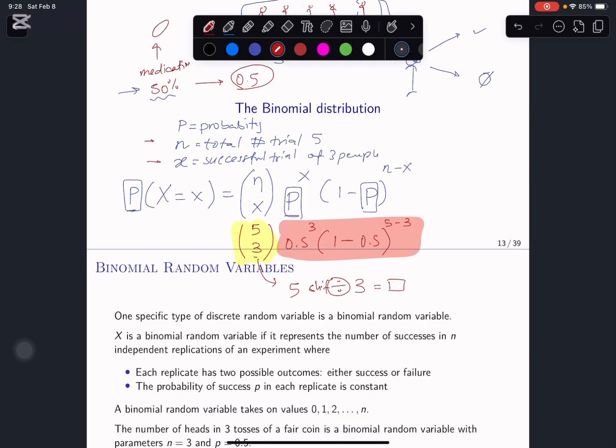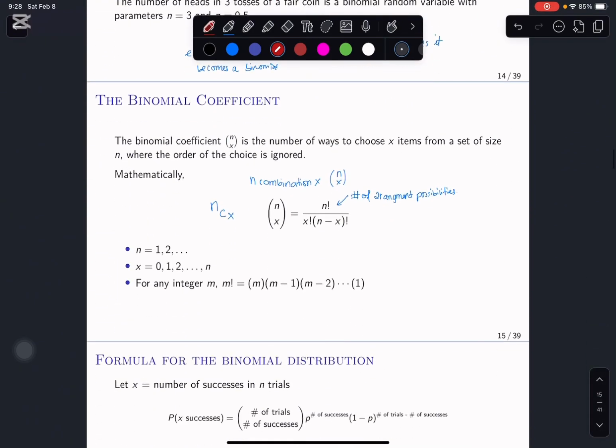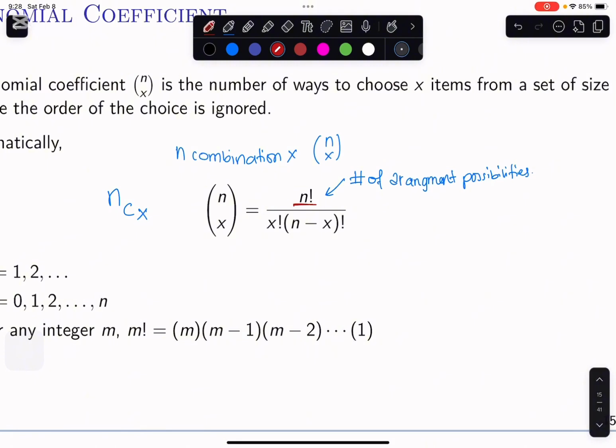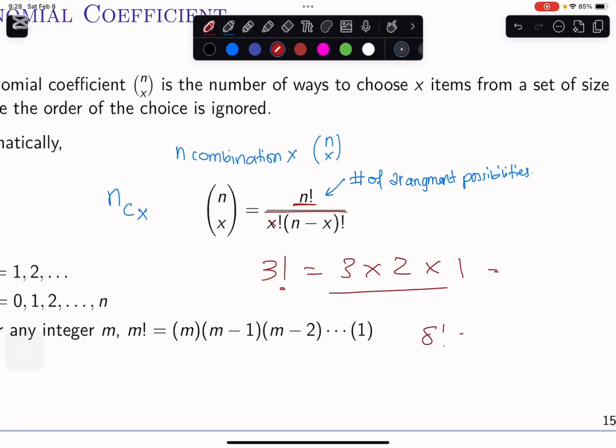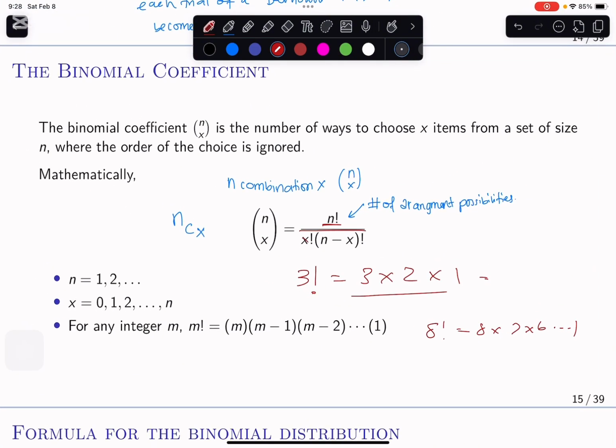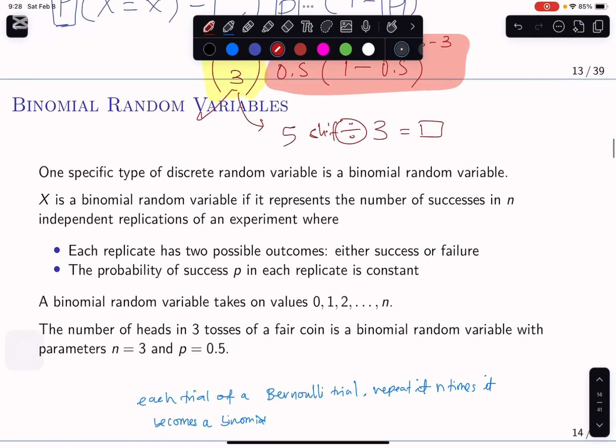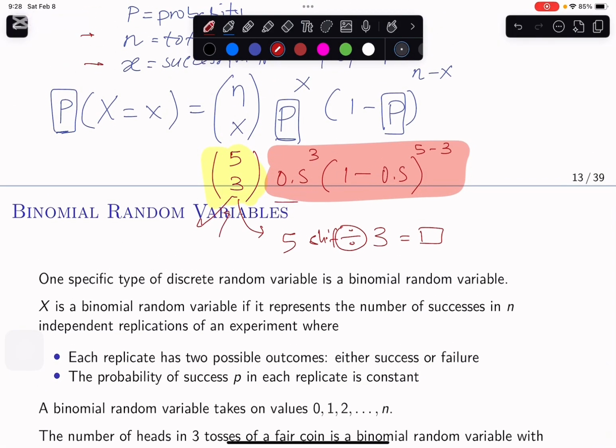Or you can do this by hand, through the equation, which is n factorial over x factorial times (n minus x) factorial. n factorial means, for example, 3 factorial is 3 times 2 times 1, and you get the answer. Same thing for 8 factorial: it's 8 times 7 times 6 and so on down to 1. You can compute this by hand, it gives you a number, plug it back into this equation and compute, which should give you a number. Okay, this number, I didn't calculate it, for example it's 0.2573.